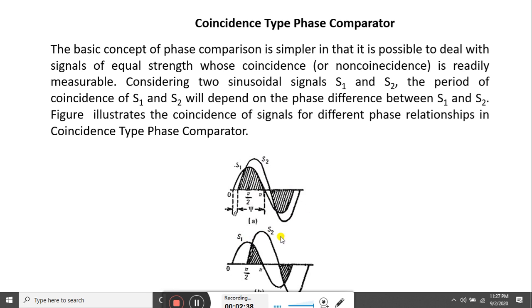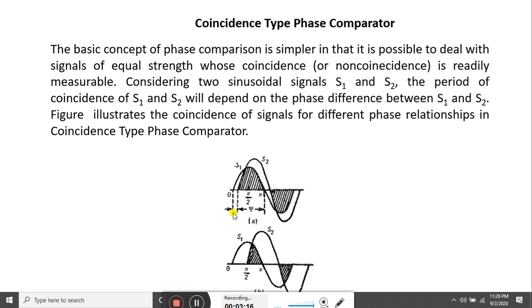Considering two sinusoidal signals S1 and S2, the period of coincidence of S1 and S2 will depend on the phase difference between S1 and S2. As the figure illustrates, the coincidence of the signals differs for different phase relationships in coincidence type phase comparators.